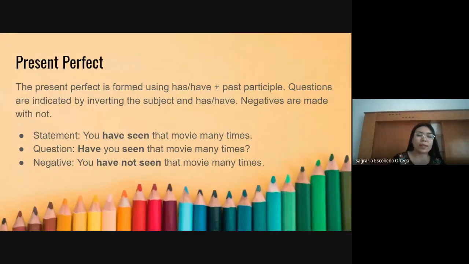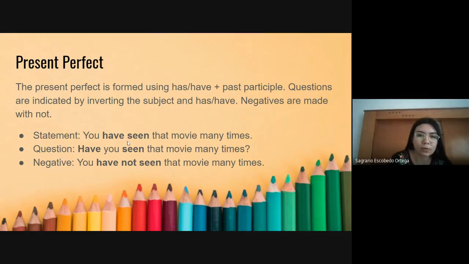Now, the present perfect is formed using has or have, depending. Remember, she, he, and it has. The other ones, I, you, we, they have. And then the past participle. Okay?